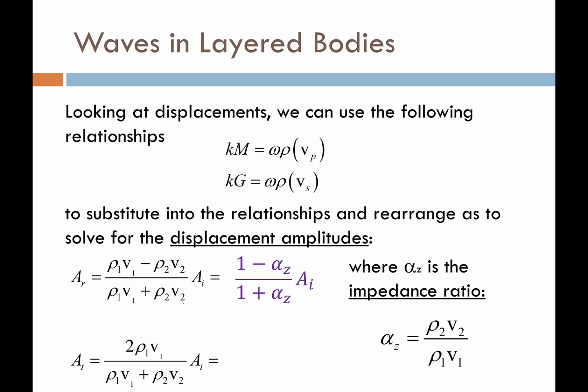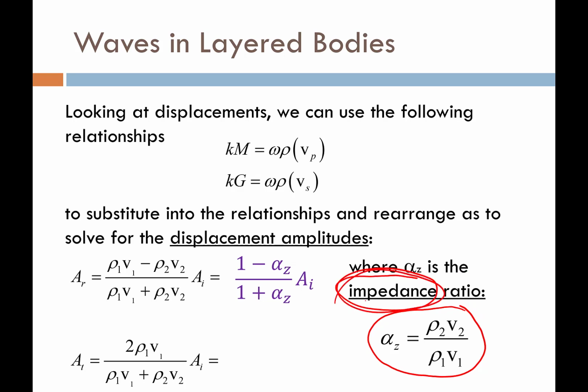So if we simplify this down and say that this ratio of the mass density of the second material times the propagation velocity of the second material, divided by the mass density times the propagation velocity of the first material, equals a term that we call the impedance ratio. Impedance, by the way, has a very special meaning.